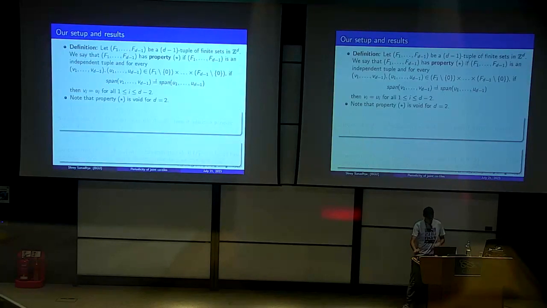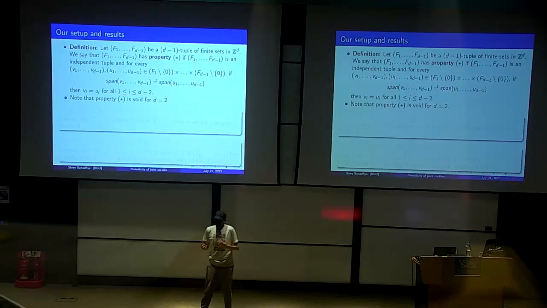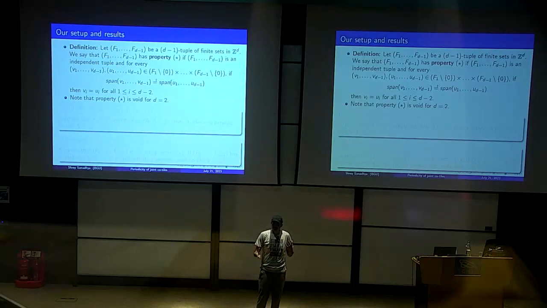For our next result, I have to introduce one more definition, which is more or less a hyperplane independence definition. If we have D minus 1 tiles, F1 to Fd minus 1, we say that this tuple has property star if, first of all, they are independent, and if I pick vector tuples U1 to U(D minus 1) and V1 to V(D minus 1) from F1 minus 0 through Fd minus 0, then they almost lie in different hyperplanes.